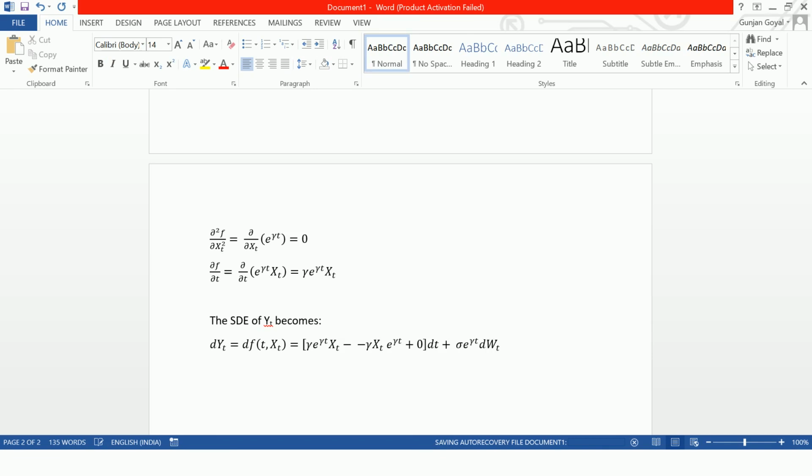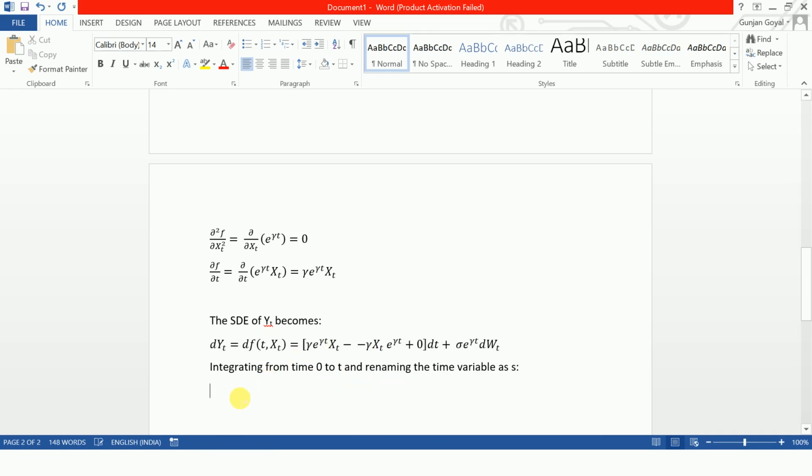Now we'll integrate, integrating from time 0 to t and renaming the time variable as s. So we'll first rename the time variable to s, and then integrate from 0 to t.